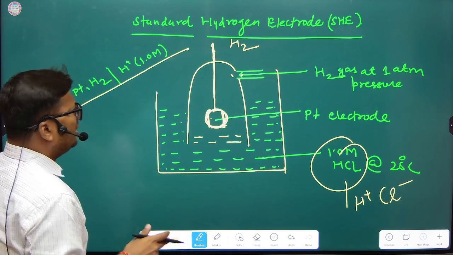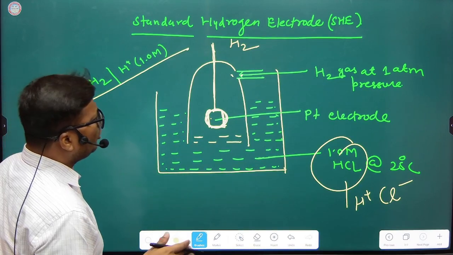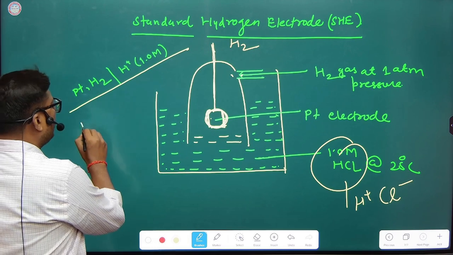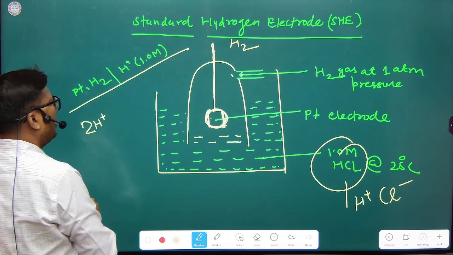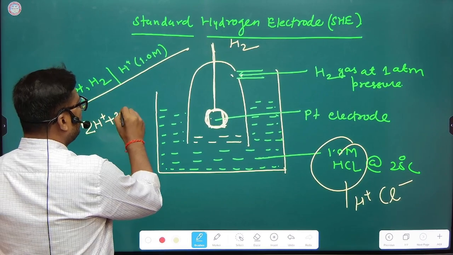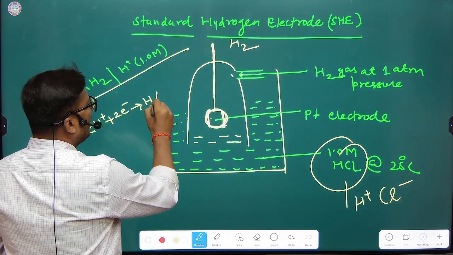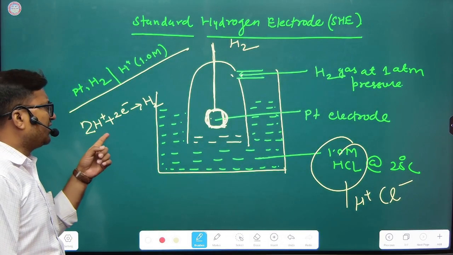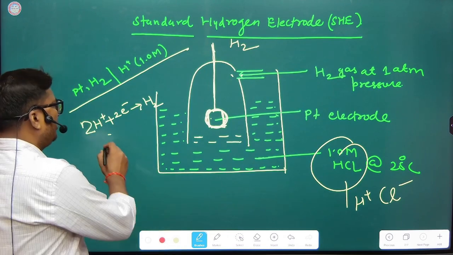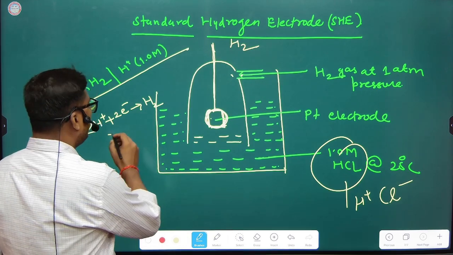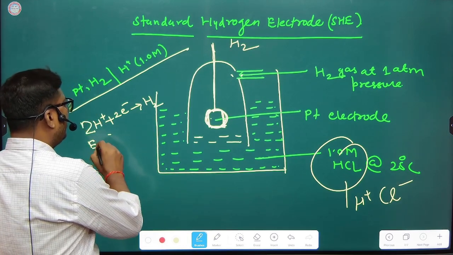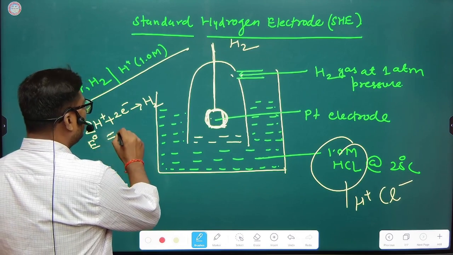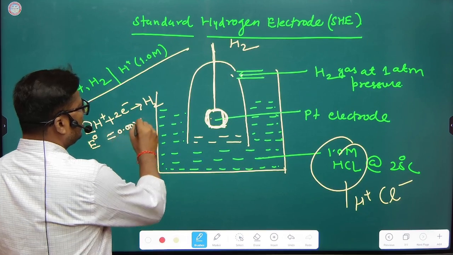As you know from the previous lectures on the electrochemical cell and electrochemical series, 2H plus, once it receives 2 electrons, is converted back to hydrogen, right? This is the half cell standard reduction reaction, and it has a standard potential, E naught equal to 0.00 volt, right?